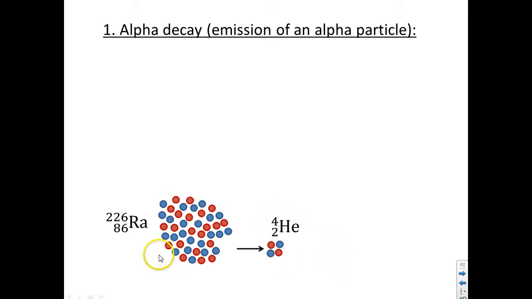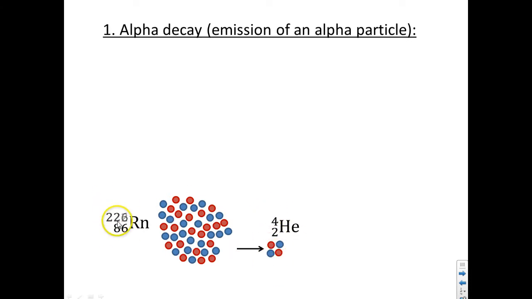So once we eject this helium nucleus, this alpha particle, the number of protons has decreased by 2. So this has gone from 88 to 86. And because we now have 86 protons, we have a different element. We have radon. And the total number of nucleons in this nucleus has decreased by 4.